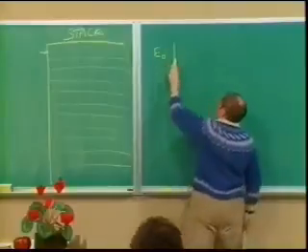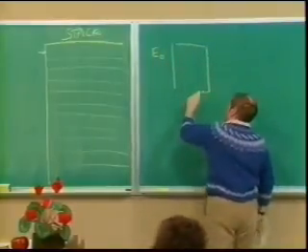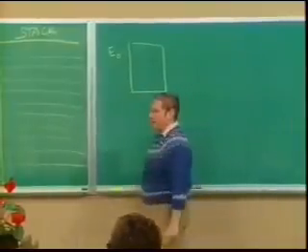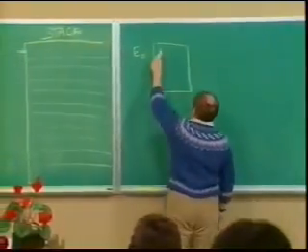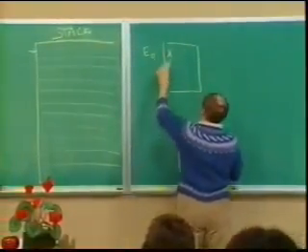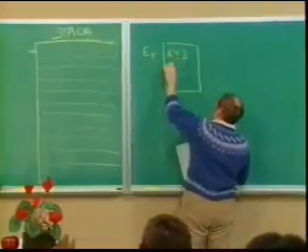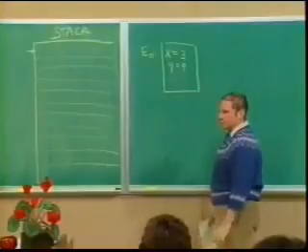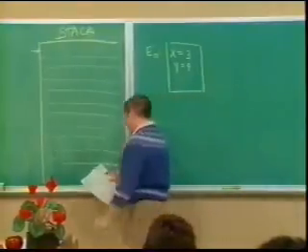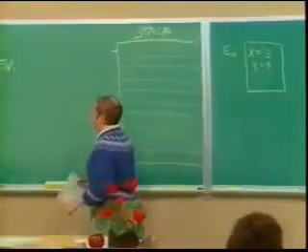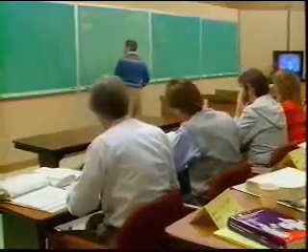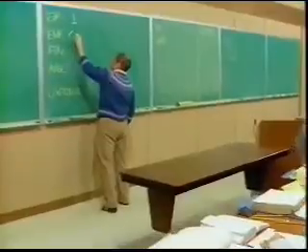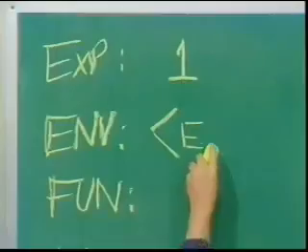Since we'll use these later, we obviously don't really need anything to evaluate 1, but just for reference later, let's assume that E0 has in it an x that's bound to 3 and a y that's bound to 4. Okay? And now what we're going to do is evaluate 1 in this environment. And so the env register has a pointer to this environment E0.